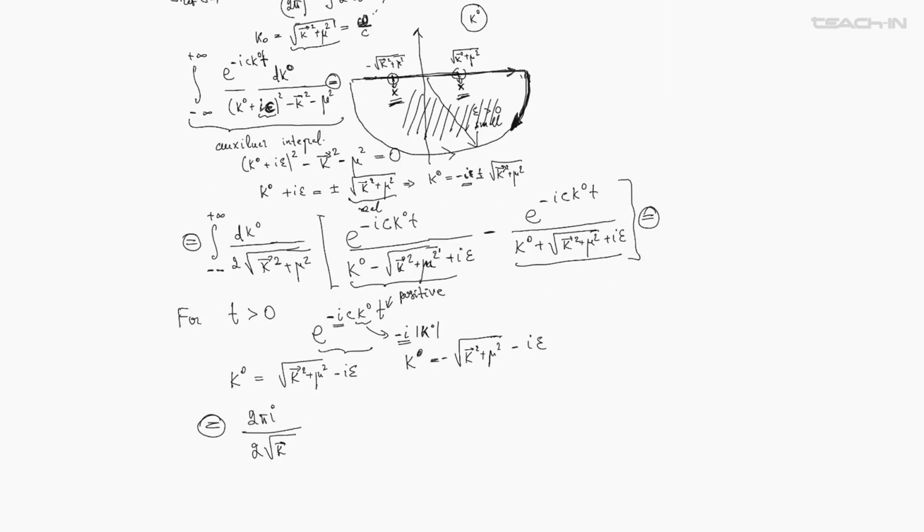And then the residue in the first pole, what I have to do, I have just to take exponential minus i c and substitute here the value at the pole, square root of k squared plus mu squared, multiplied by t. And in the second one, I will get minus exponential minus i c square root of k squared plus mu squared multiplied by t. And so this is the answer for this auxiliary integral. That is an explicit answer for this auxiliary integral.